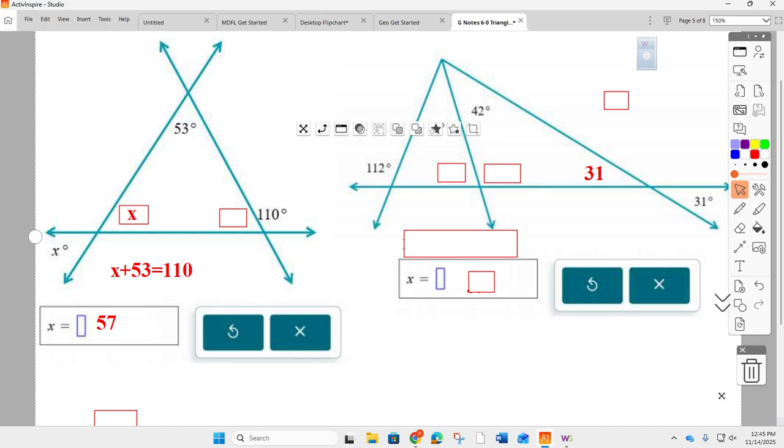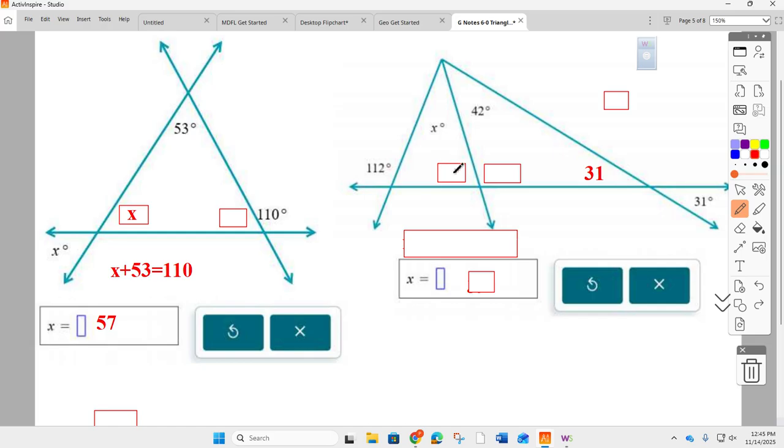So what were you gonna say? 112 minus 42. What do you think? What are you trying to find again? Well, we're trying to find the measure of this angle.